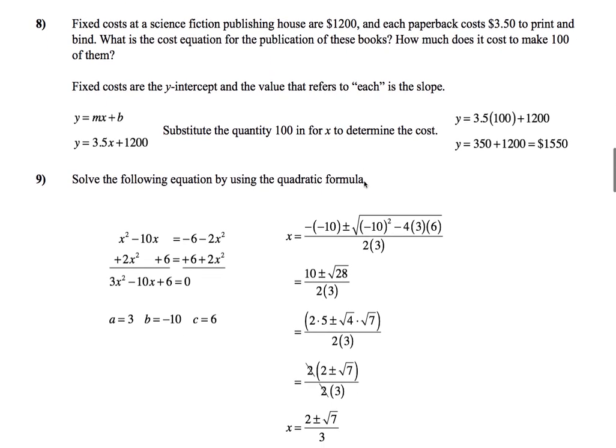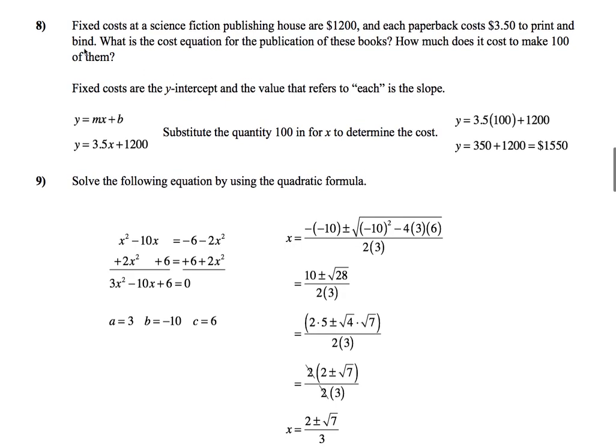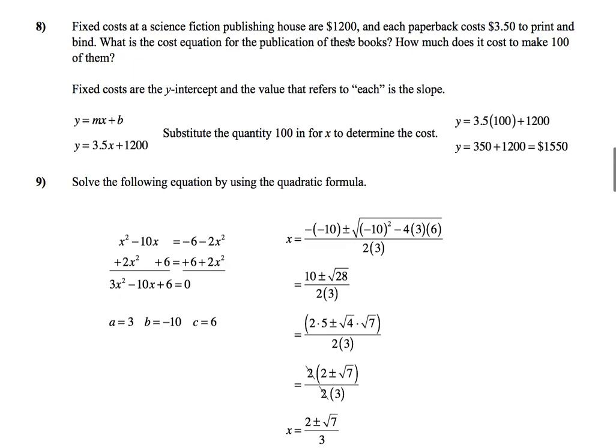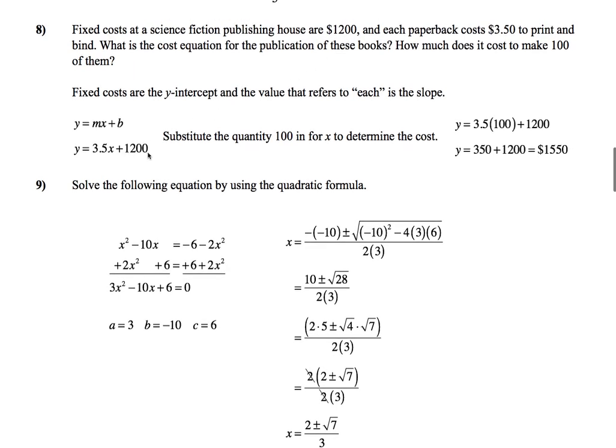Now in question 8, we are asked to determine the cost equation for this science fiction publishing house. When you are told that fixed costs are a certain amount, that is always going to be the y-intercept.